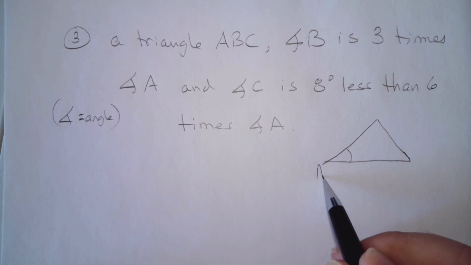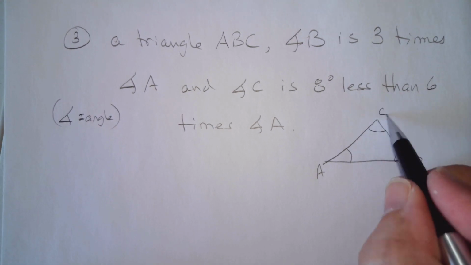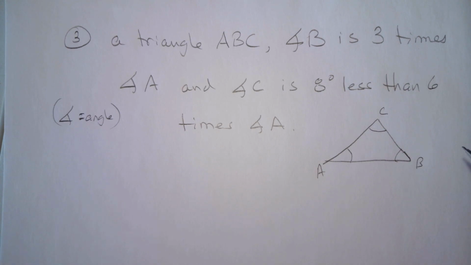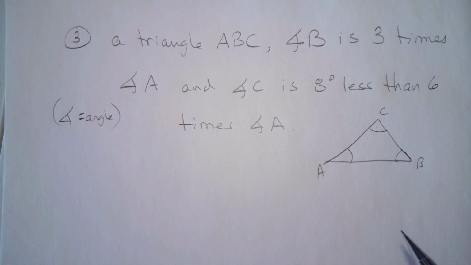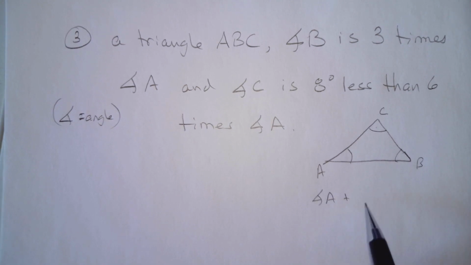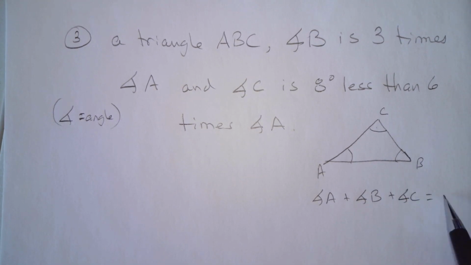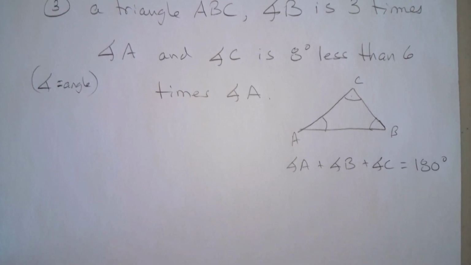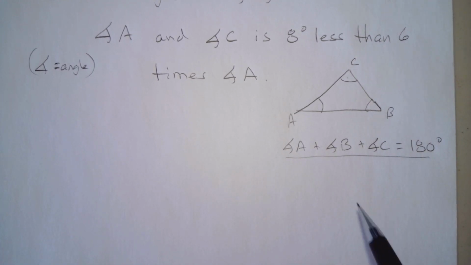This is angle A, this one's angle B, and this one's angle C. The one thing we know for sure about triangles, because we're looking at angles, is if we add all 3 angles together, angle A plus angle B plus angle C has to equal 180 degrees. So there's our formula we'll have to use.